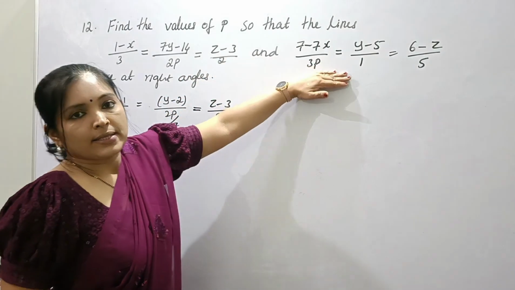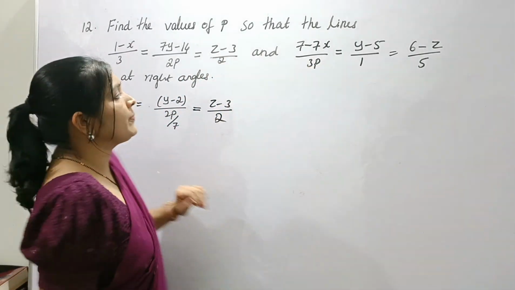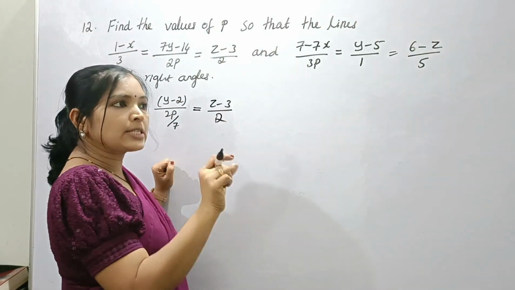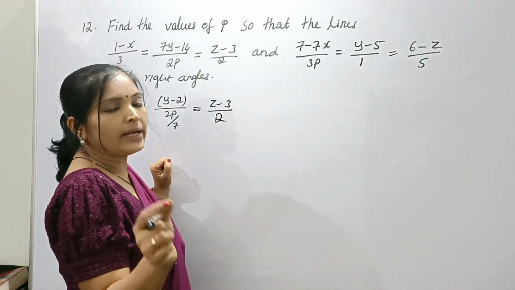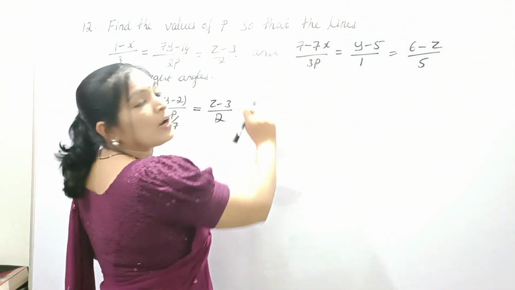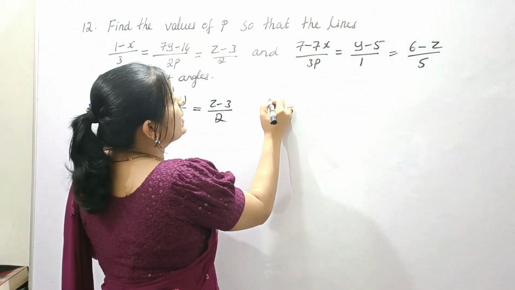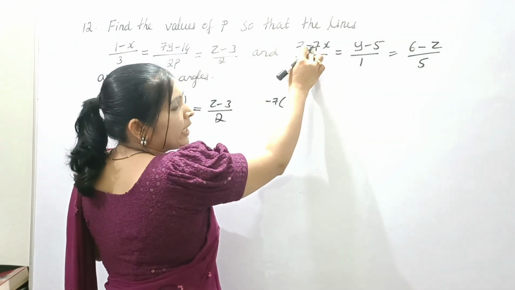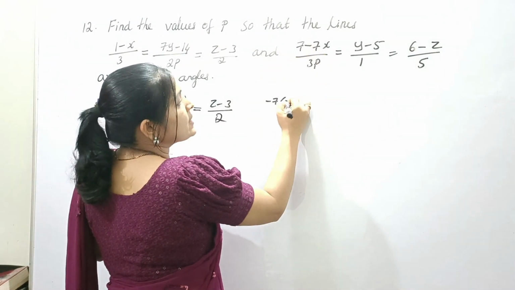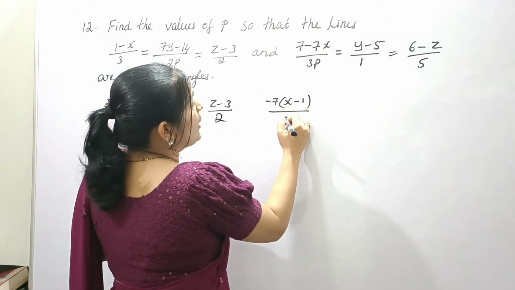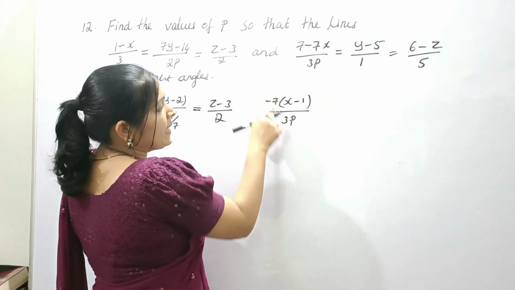Next, let's write the second equation, 7 minus 7x. Here our equation should be of the form x minus x1. So here we have to take minus 7 outside, so that we will get minus 7 into (x minus 1) divided by 3, since we have taken minus outside. So let's take this minus 7 here.